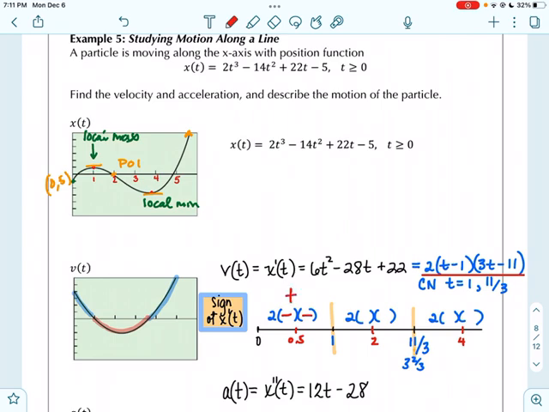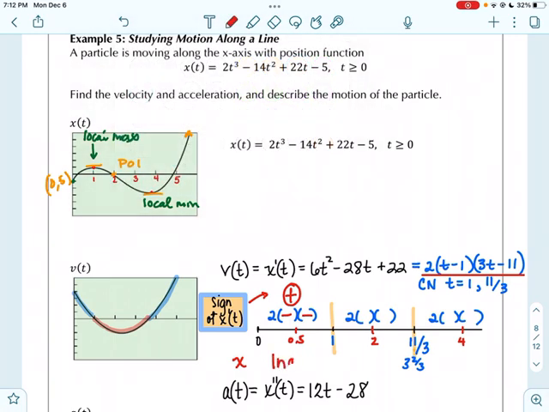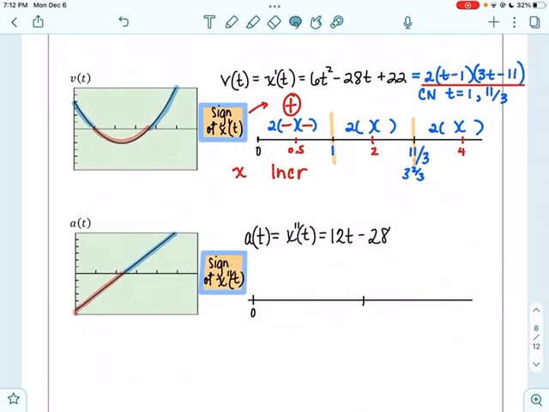That means the behavior of x. So let's talk about x down here, where up top we have the sign. So that means x is increasing at that point. So x is then increasing. Remember, that's your position function. Okay, and then to make a statement about that: which way am I moving?